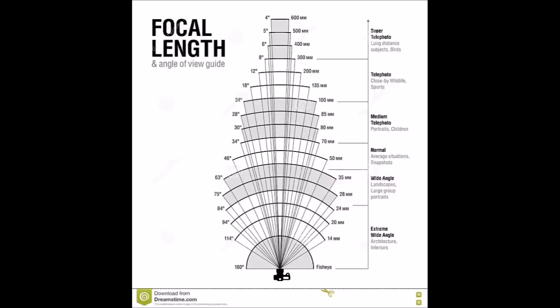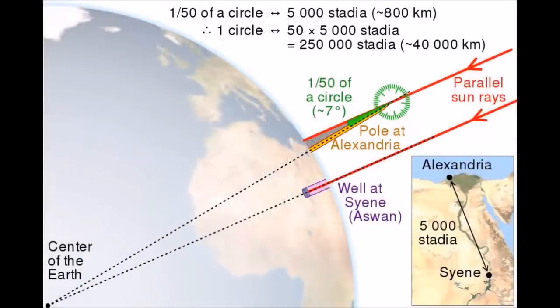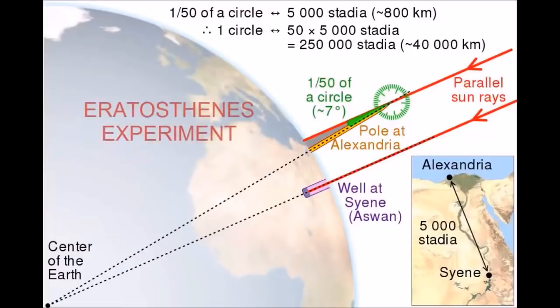But halve that 90 degrees and we get 45 degrees, which is about the same angle of the field of view that we see with the human eye, or a 50mm lens. So this is why all the so-called proofs that we are living on a globe use observations of the sky rather than actually measuring any physical curvature or geographical curvature on the surface of the Earth.